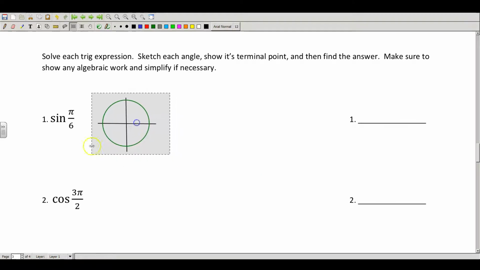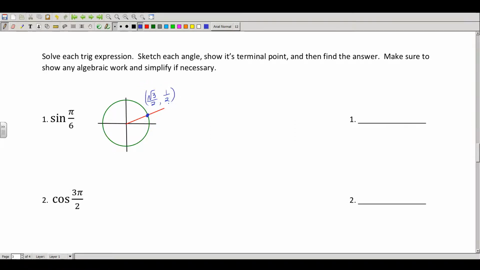We're going to sketch out a unit circle and say, where is pi over 6? That's step one. Pi over 6, right there. And secondly, what is the terminal point that pi over 6 produces? Well, it's right here. That's going to be root 3 over 2, comma, 1/2.